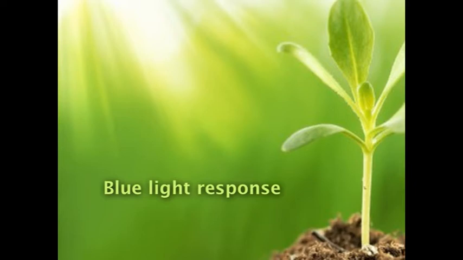Some photomorphogenic responses in plants are regulated by specific photoreceptors, while others are regulated by several light signals and different types of receptors working together or antagonistically. Now let us see the blue light response in plants.